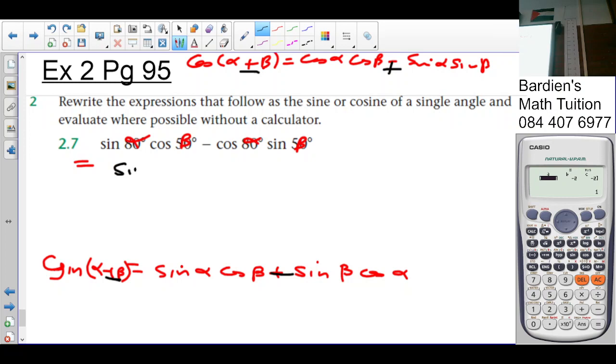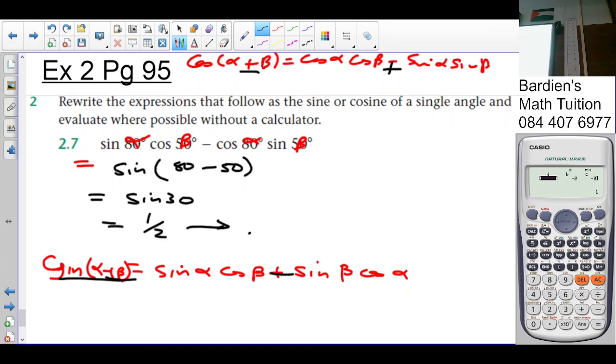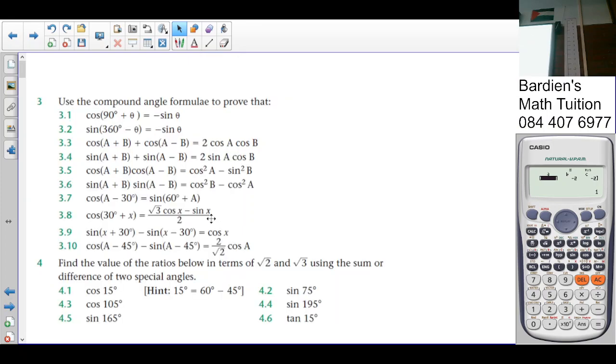So it's going to be sine of alpha minus beta. So it's going to be sine 80 minus 50. What's 80 minus 50? 30. And what's sine of 30? Okay. Any confusion there? No? Alright, let's carry on with our lives.